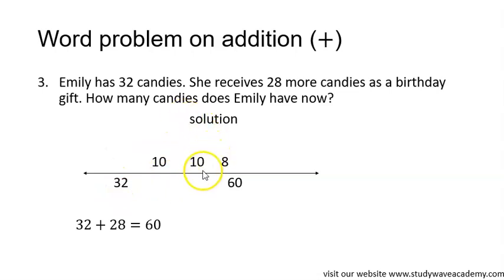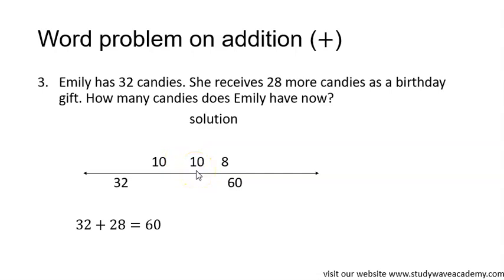Then another 10 steps, then another 8 steps to help us get our answer. From 32, you take the first 10 steps, you're going to have 42. When you take another 10 steps, you're going to have 52. So you have taken 10 steps, 10 plus 10 is 20, so you have taken 20 steps.